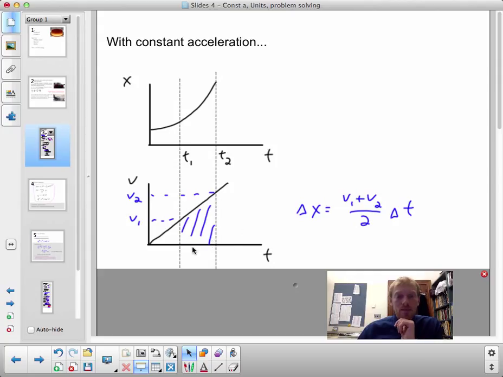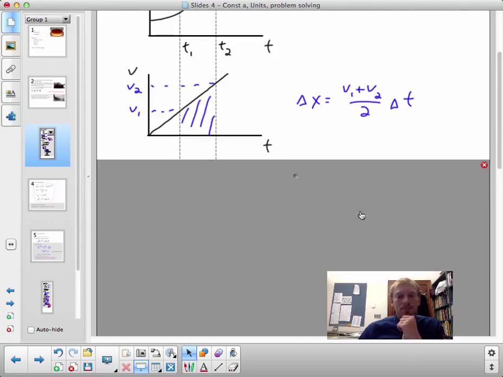And the height of the trapezoid is delta t. So that's why I say the displacement is v1 plus v2 over 2 times delta t. So this is a true statement about an object undergoing constant acceleration. If it starts with velocity v1 and ends with velocity v2 and takes some time delta t to achieve that change in velocity, then it will have covered a displacement delta x during that time.